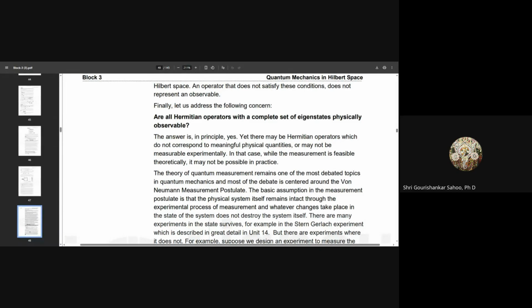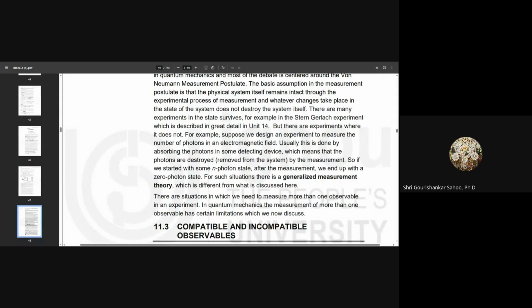There are many experiments where the state survives, for example the Stern-Gerlach experiment, which we'll discuss later on. But there are experiments where it does not. For example, suppose you design an experiment to measure the number of photons in an electromagnetic field. Usually this is done by observing the photons in some detecting device. And when the detecting device observes the photon, its state collapses.